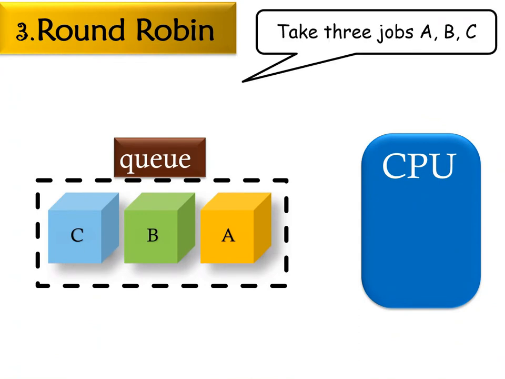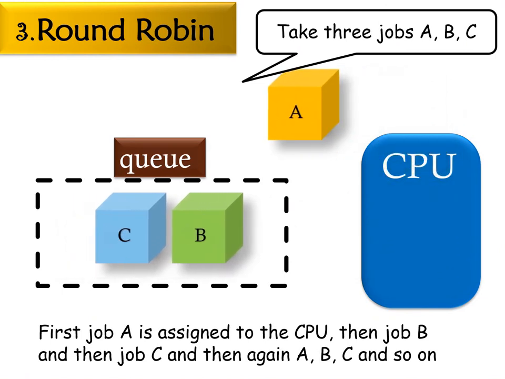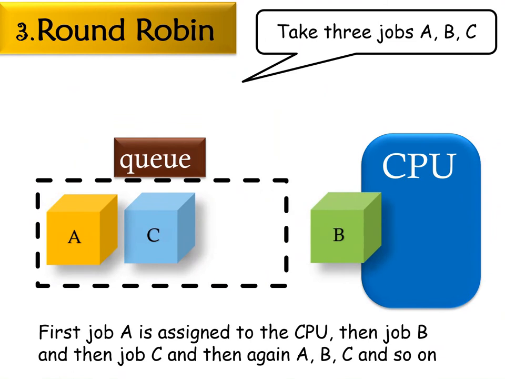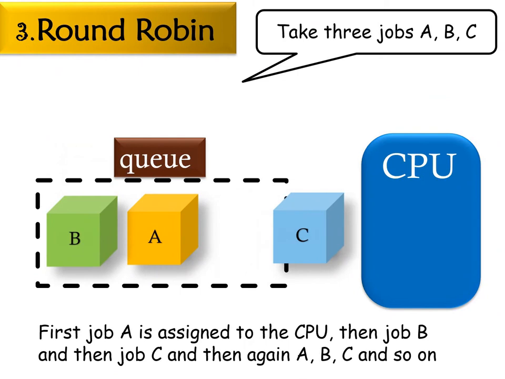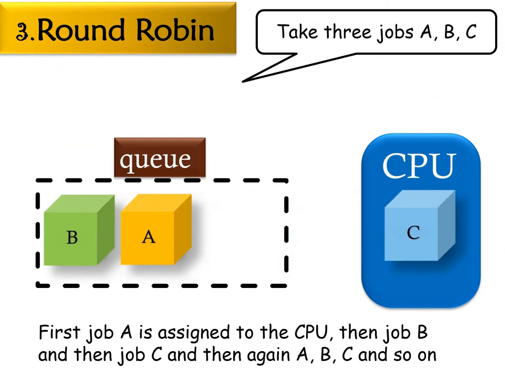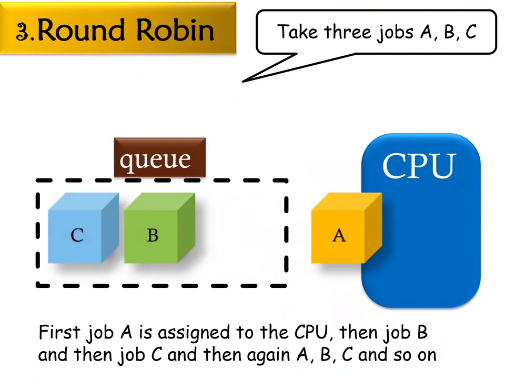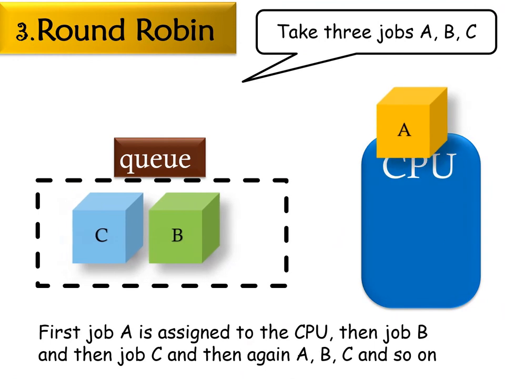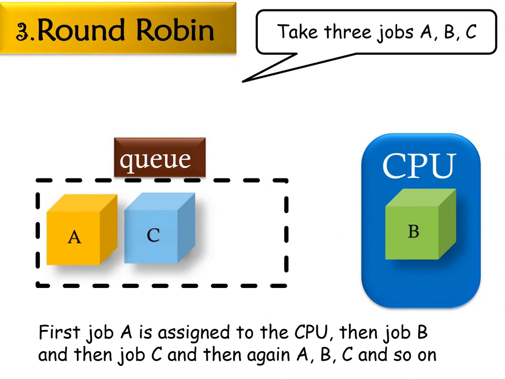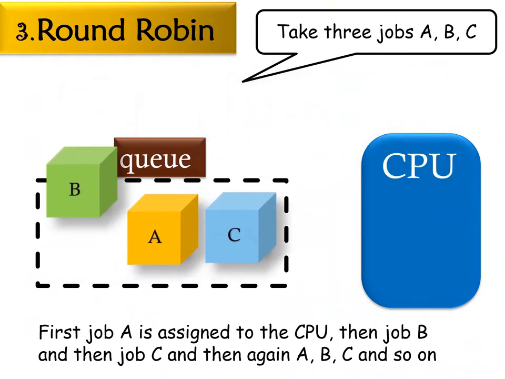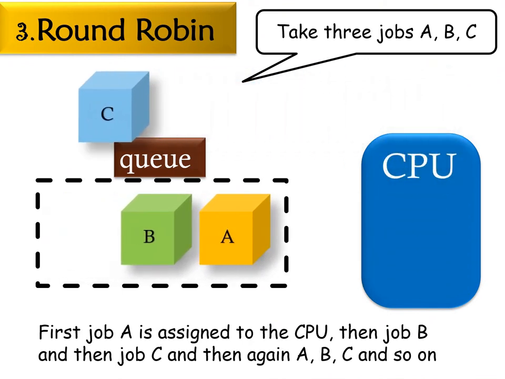Take 3 jobs A, B, C. First, job A is assigned to the CPU, then job B, and then job C, and then again job A, job B, job C, and so on.